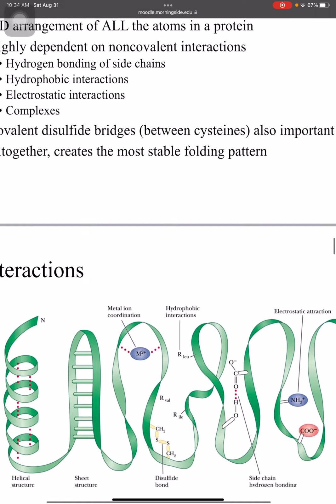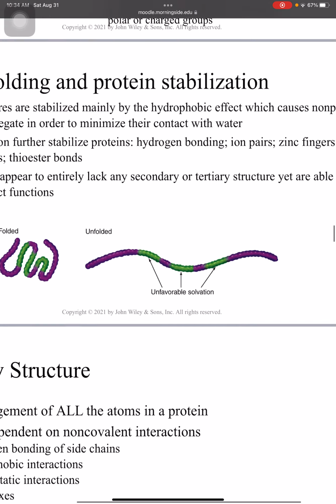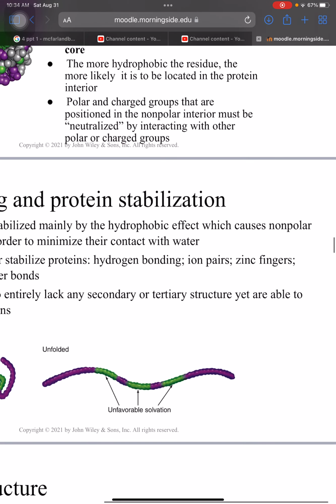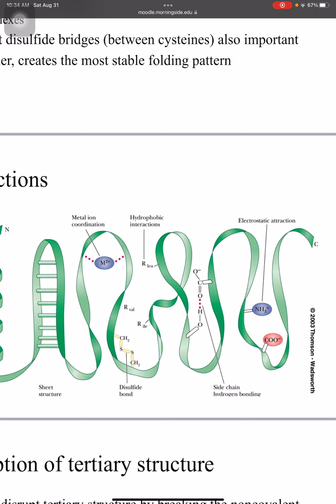One really common one, I think was mentioned before, I'm going to highlight here, is called zinc fingers. I don't know why they call it zinc fingers, but it's a fun name. But basically, in that case, a zinc would be right here where this metal part is, M2+, and that would help to sort of link or connect those different parts of the chain.